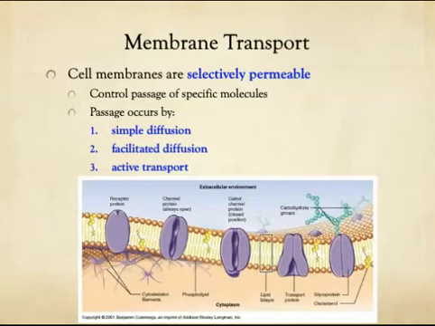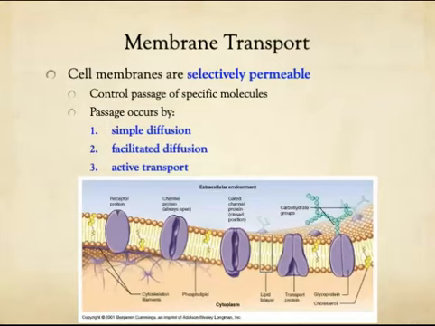If you recall from BIO312, we said that certain molecules have the ability to cross a membrane simply by passing through the phospholipid molecules. Other molecules are going to require some assistance, and that assistance comes from the membrane proteins that we've been talking about.